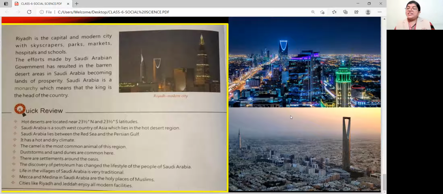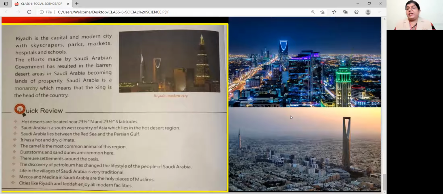If I say Saudi Arabia lies in the cold desert region, then it is false. So when you are revising, you should have the correct knowledge that if I say Saudi Arabia is a hot desert region, it is true. If I say cold desert region, immediately it should strike your mind that it is false. It's a hot desert region. It is not a cold desert region.